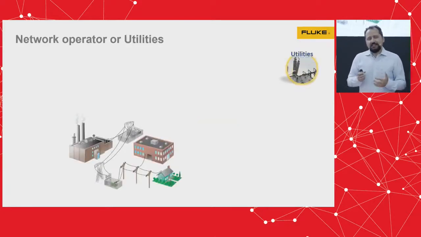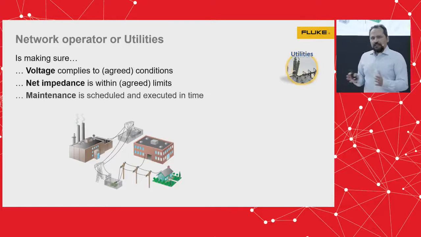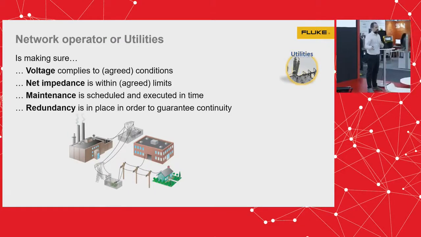So let's take a look at what role these parties play in the power distribution system, starting with the network operator, the power supply company. Again, the main focus of the utility company is providing a quality voltage signal to the end user, okay?